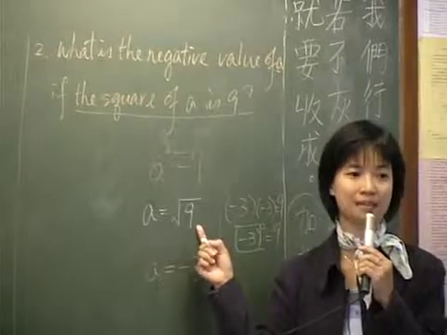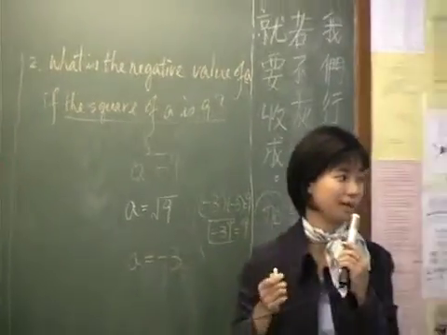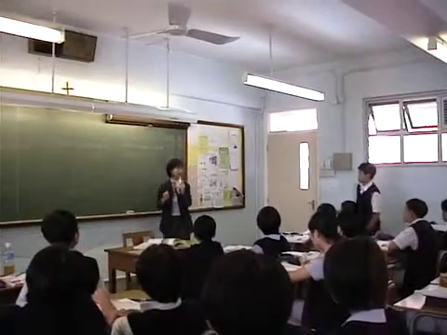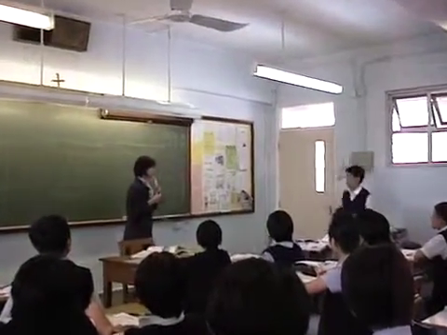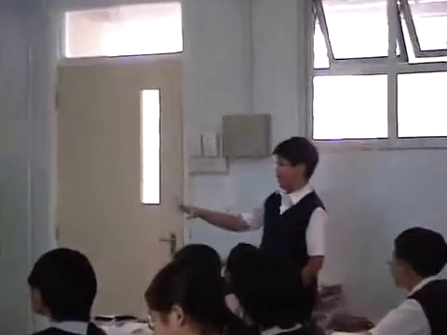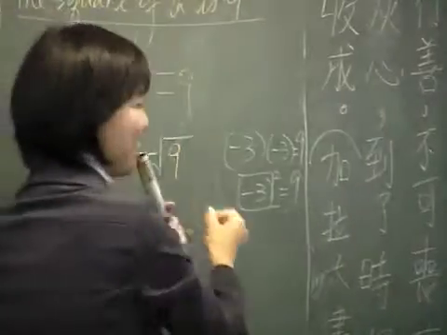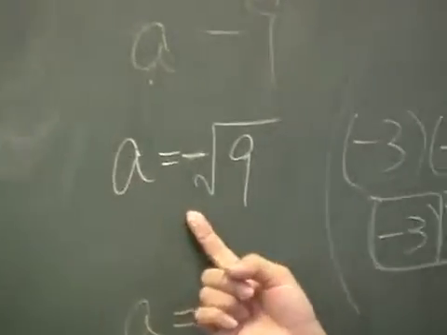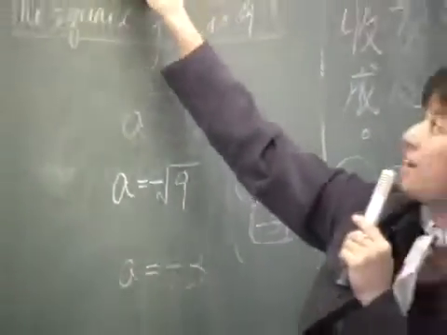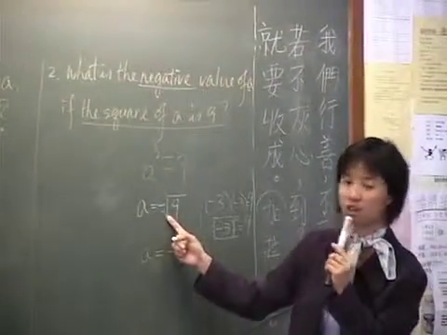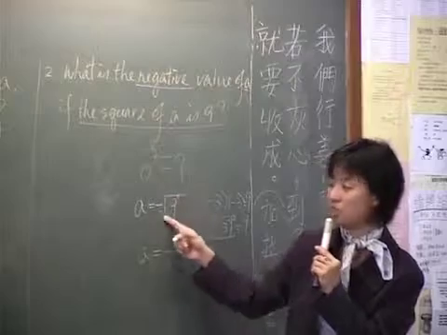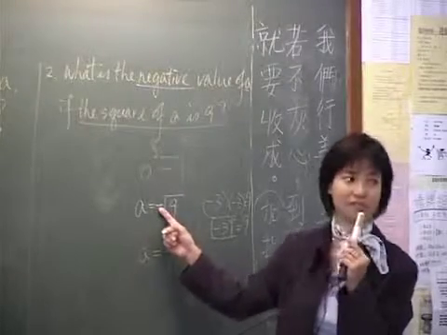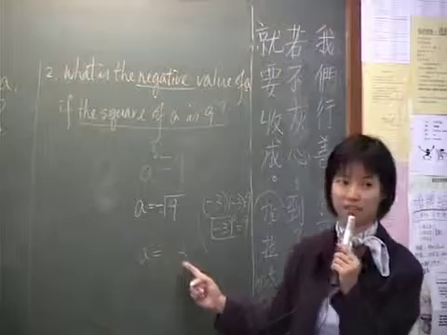No. So you must add a sign on the left side, in front of the square root. If you want to find a negative value, then before the square root you write a negative sign, so that you can get the answer negative 3.